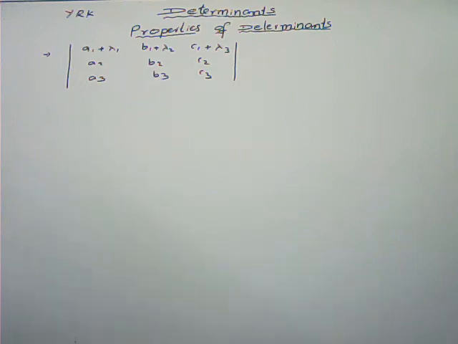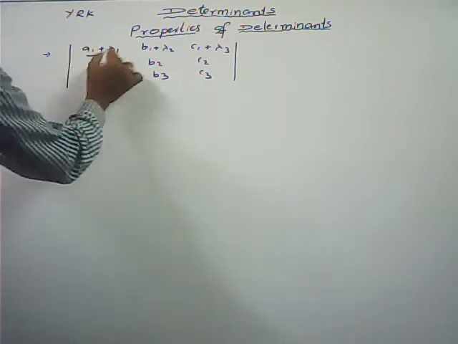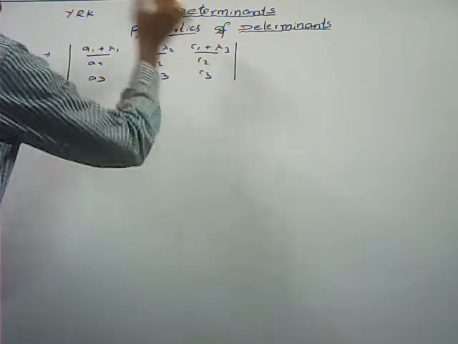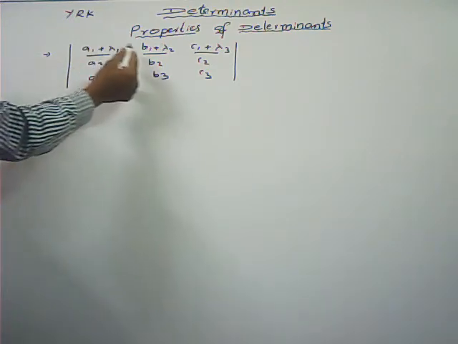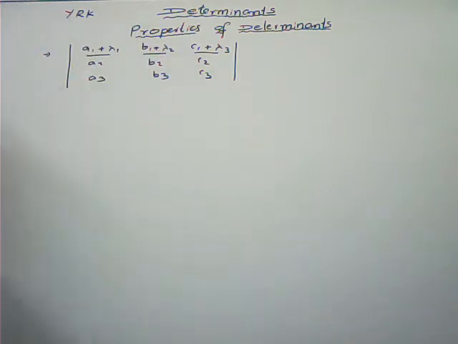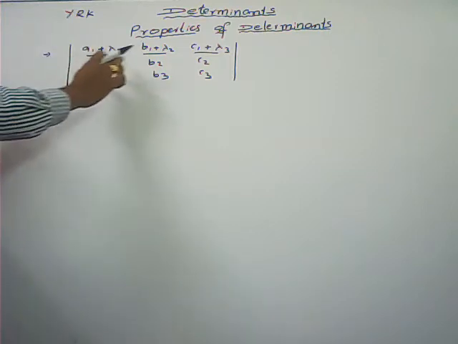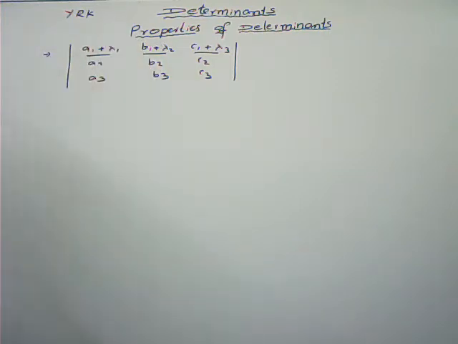Next one, every element in a particular row or column is the sum of two terms. Now here you can see every element in the first row is the sum of two terms: a1 plus lambda 1, b1 plus lambda 2, c1 plus lambda 3.